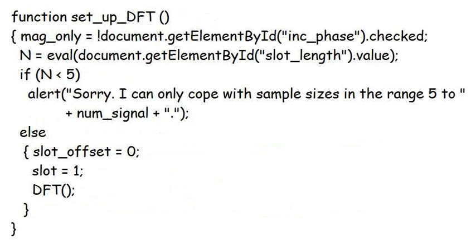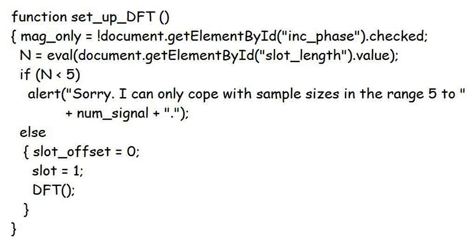When you click on the button marked DFT, it doesn't call the DFT function directly. Instead, it calls setupDFT, which does a bit of housekeeping before getting stuck into the calculation proper. MagOnly is set based on the checked or otherwise status of the checkbox incPhase. If MagOnly is true, only the magnitudes are required.